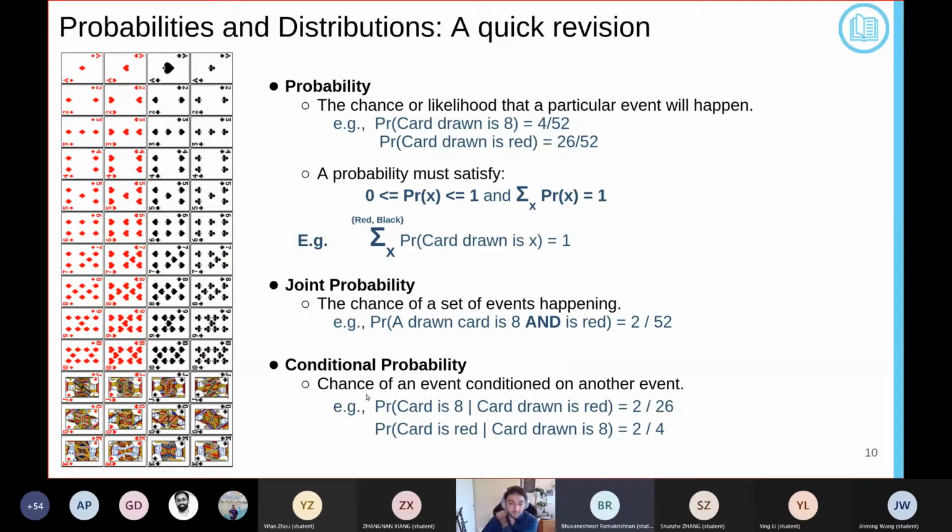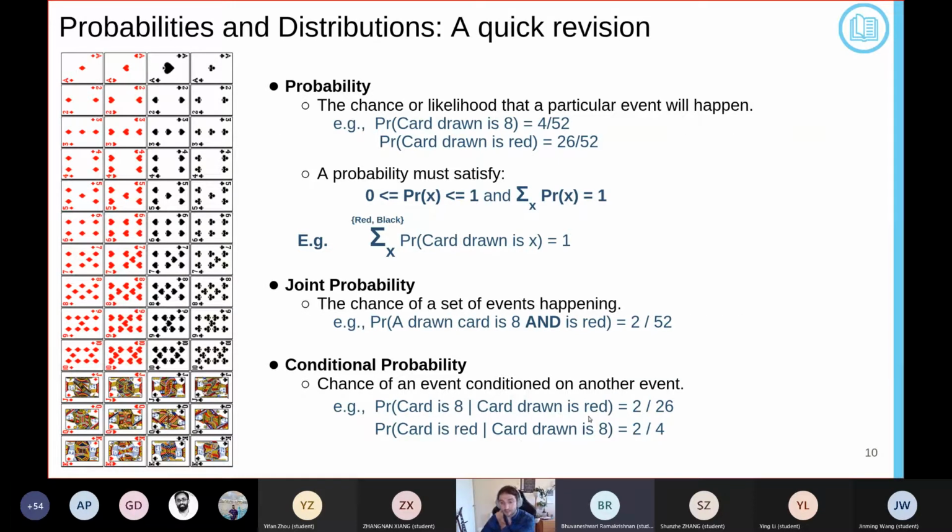And then conditional probability here, a chance for an event given another event. So this is interpreted and read like this: the probability that the card is 8, given that the card drawn is red. This is important because it is talking about the context of this probability.